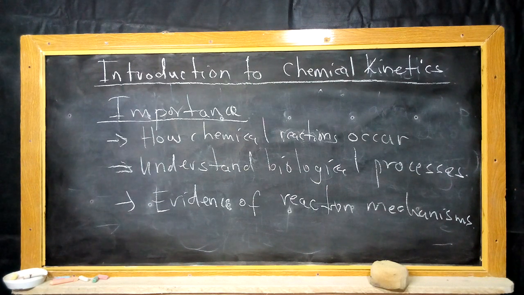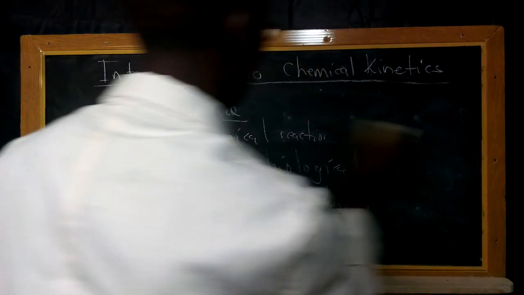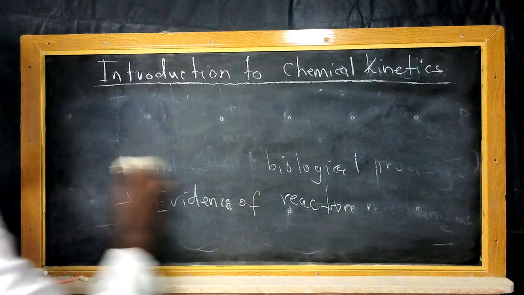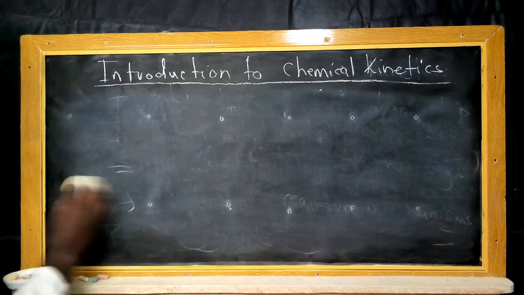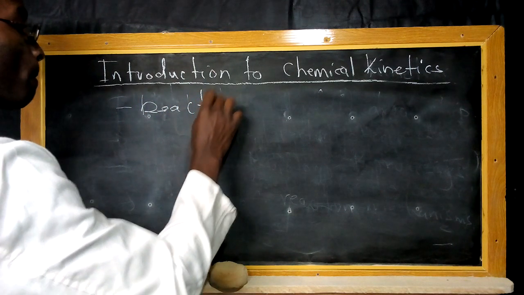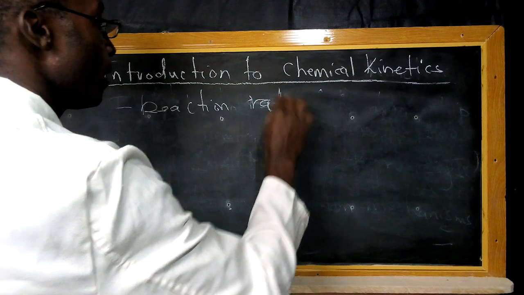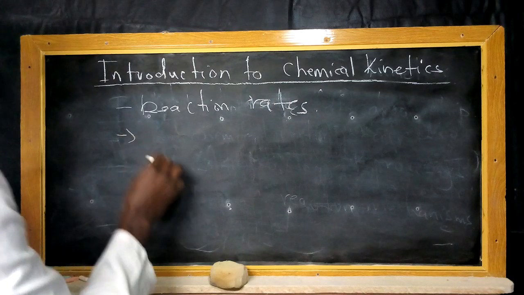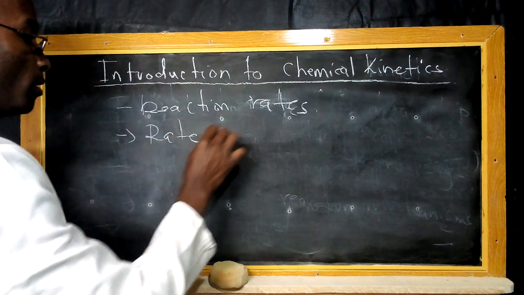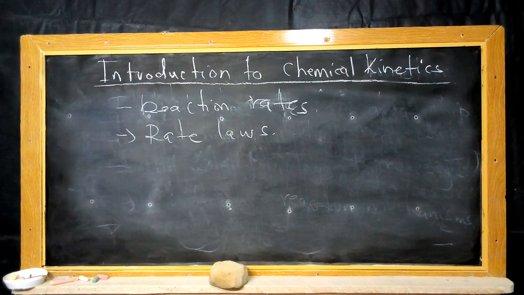So in this case, we shall look at some aspects of what we shall cover during our study of chemical kinetics. Of course, we have talked about the reaction rates. We shall look at the reaction rates, and then we shall look at the rate laws, some laws which are governing the rate, how these chemical kinetics processes are taking place.